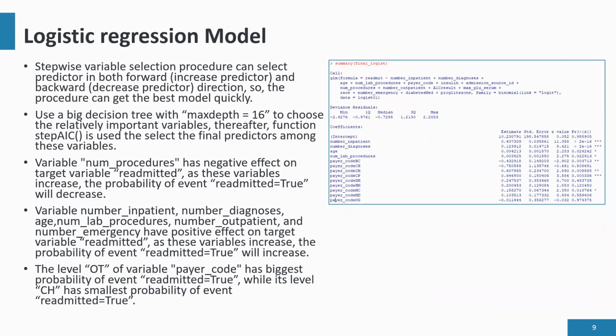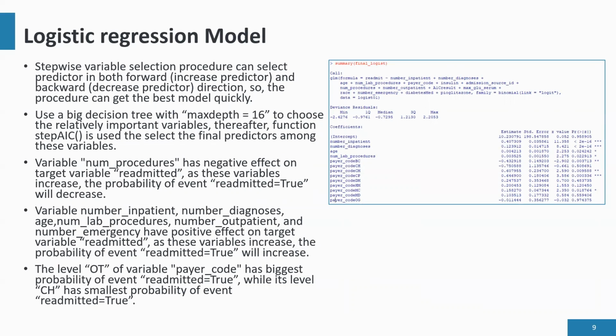About the logistic regression model, I use a big decision tree with max depth equal to 16 to choose the relatively important variables and select the final predictors among these variables. The number of procedures has a negative effect on the readmission target, so the probability of readmission will decrease as it increases.